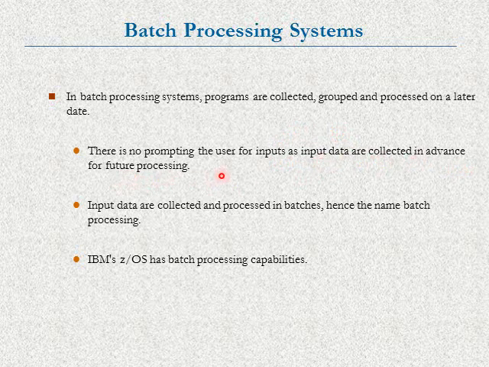Just like the example I gave you with the banking system, which can take all the data with itself, keep it and process it at some later time. Usually data is processed in batches in these types of machines, and they have different capabilities and different usages in contrast to other types of operating systems.